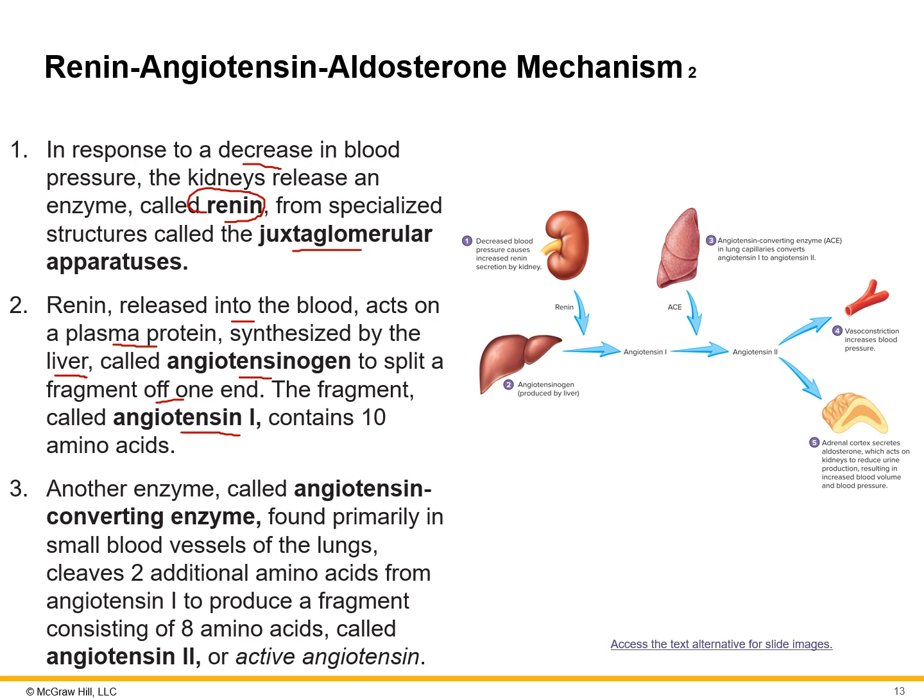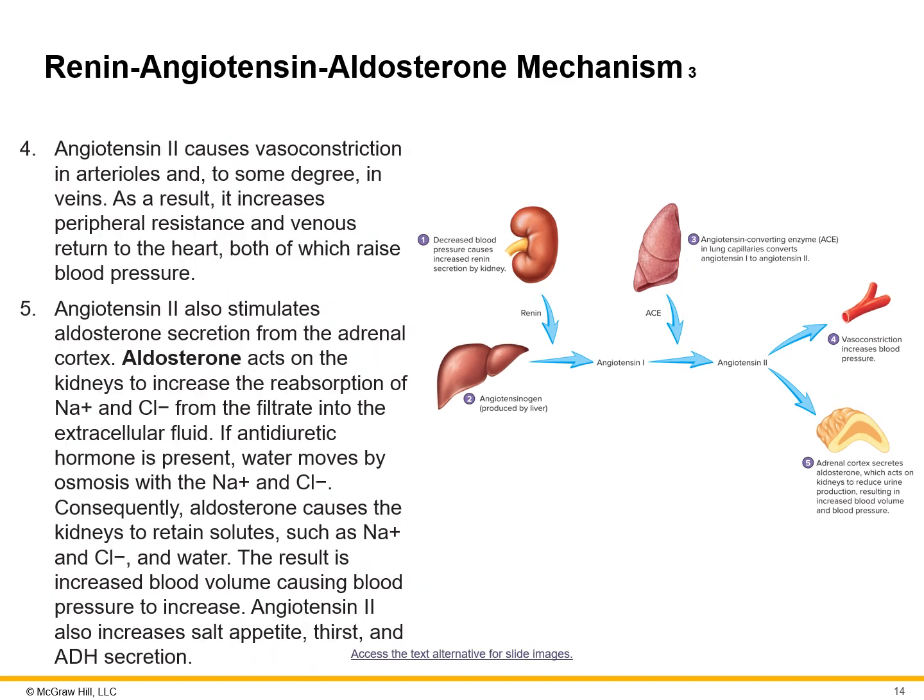Now we have another enzyme, angiotensin converting enzyme, which is mainly in the blood vessels of the lung. It cleaves two amino acids off angiotensin 1 to produce a smaller fragment called angiotensin 2, which is the active angiotensin. All right, so then what?